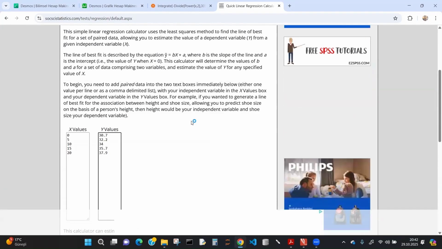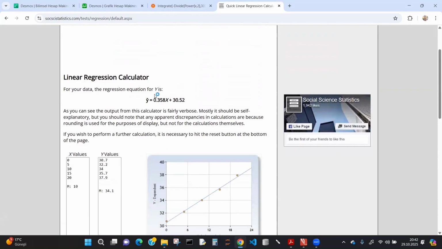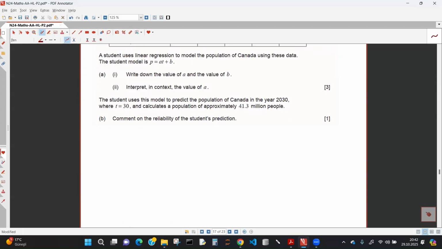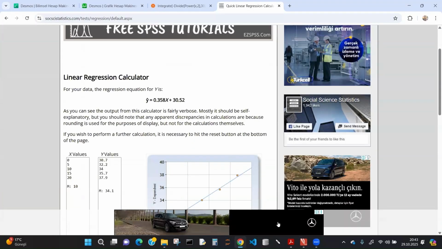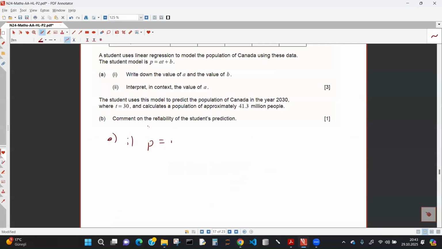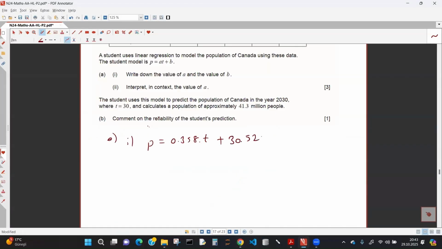Let's calculate. So we're going to write P equals 0.36, or you can write the exact value, 0.358, times t plus 30.52.